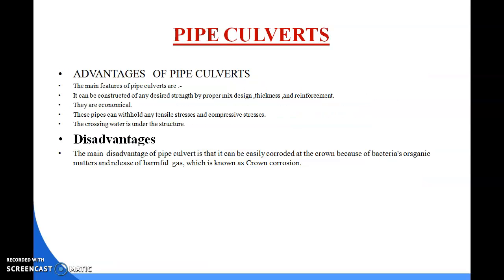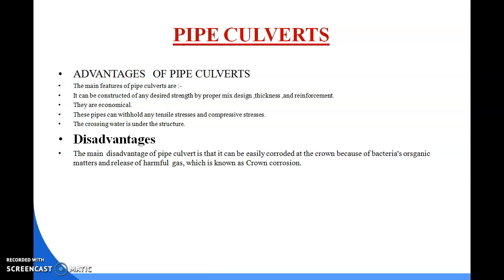So come to the next one. What are the advantages and disadvantages of using a pipe culvert? The main features of a pipe culvert are: it can be constructed of any desired strength by proper mix design, thickness and reinforcement, and they are economical.